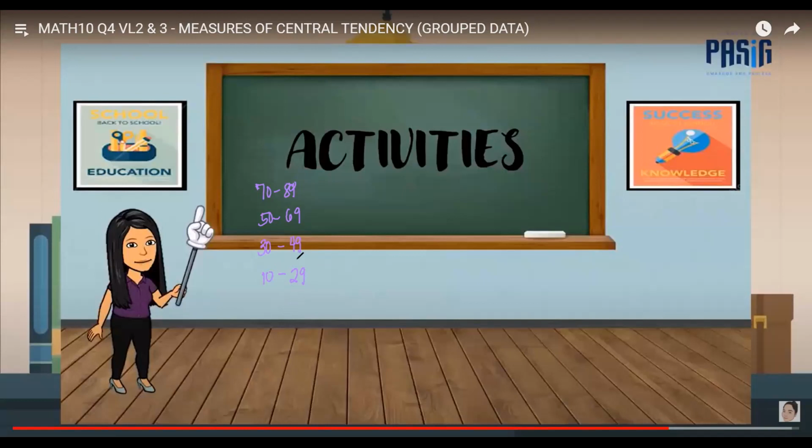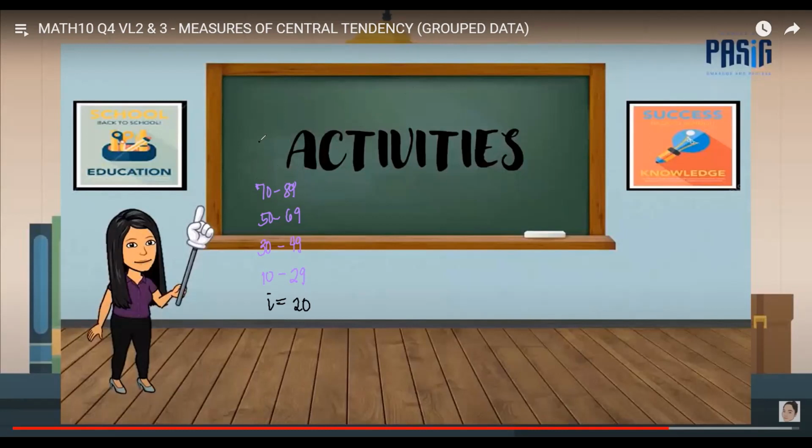Tama. Check ko lang ha. So, ang I natin dito is 20. 70 to 89. Natin ulitin.